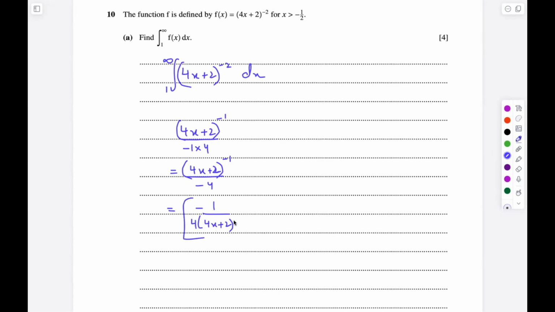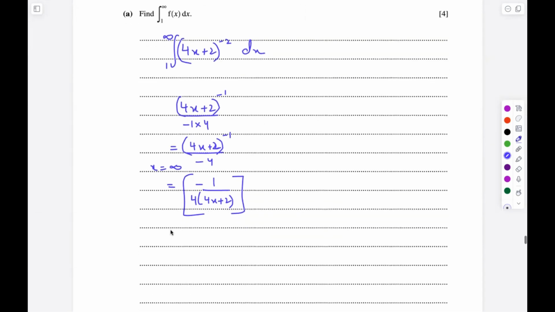Now applying the limits infinity and 1. So when we take x equals to infinity, that will be equals to minus 1 upon 4 into infinity plus 2, and then applying x equals to 1, that will be equals to minus 1 upon 4 into 1 plus 2.